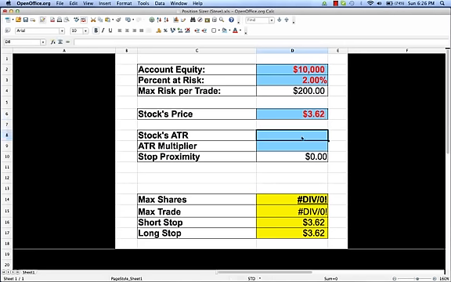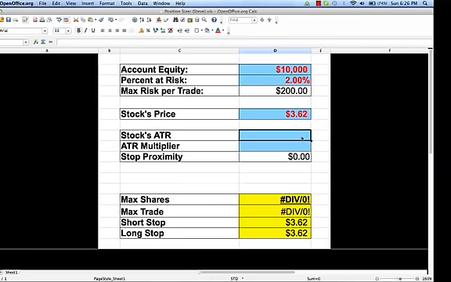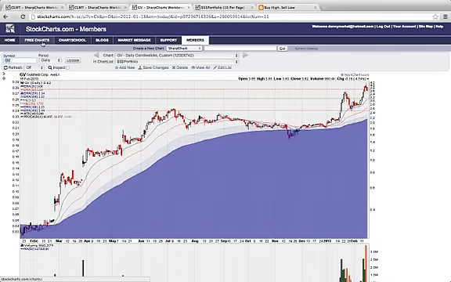The next question is the stock's ATR. So ATR stands for average true range. And what that is, it's just basically how volatile the stock is. How much does it move on average on a daily basis? Now to get that, it's a little bit more complicated.